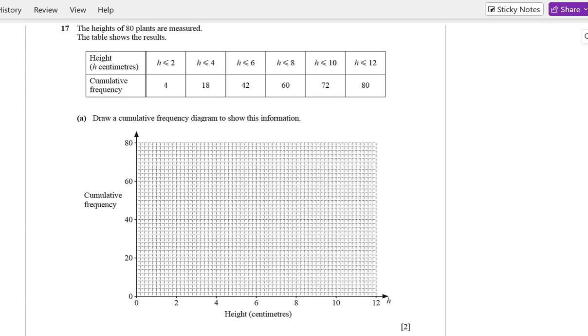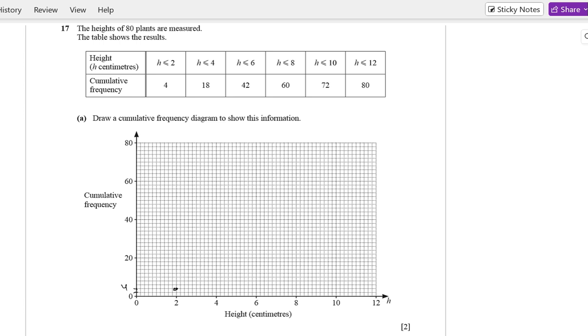H is less than 2 and CF is 4. So if we have 20, one small box should be of 2. So this is 4. For H less than or equal to 2, this is your first dot.